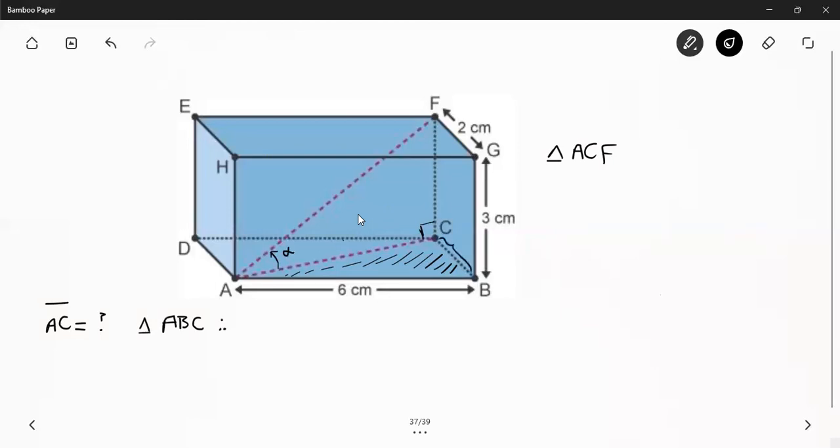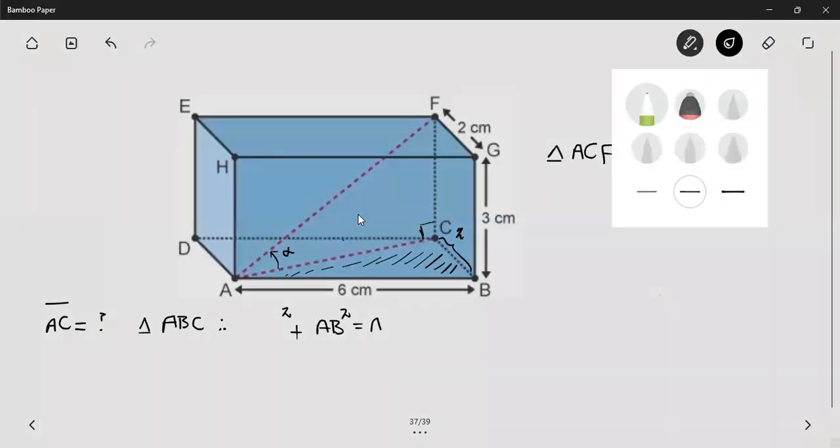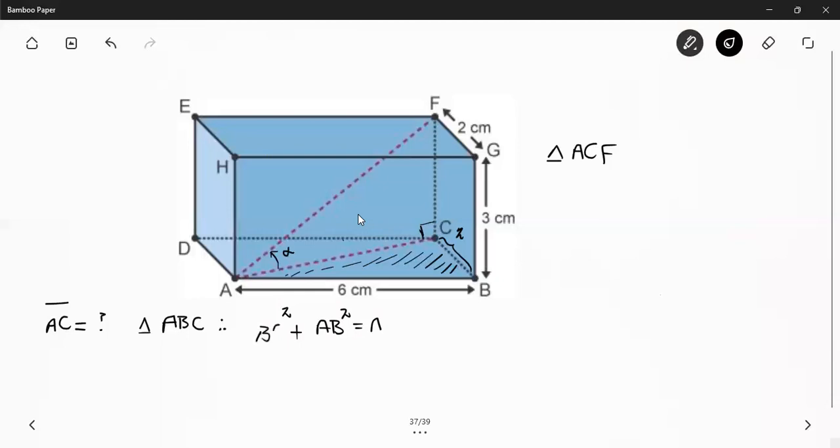Of course, 2. Thank you. Because this is parallel to FG. Then as a result, AB to the power 2 plus BC to the power 2 should give me AC squared. Sorry, guys, my mistake, because I was looking for AC.